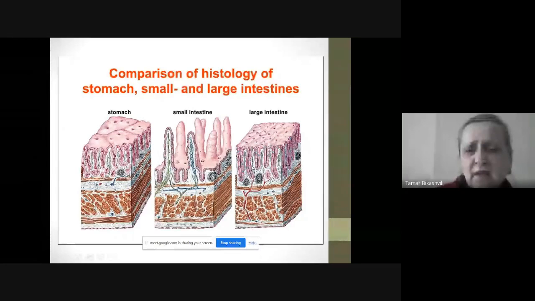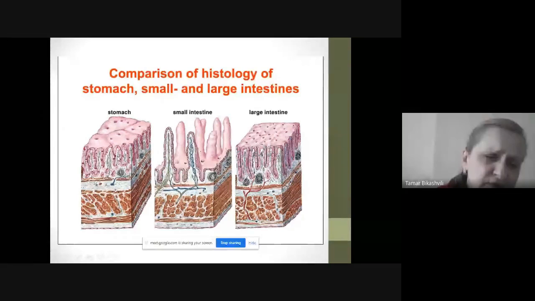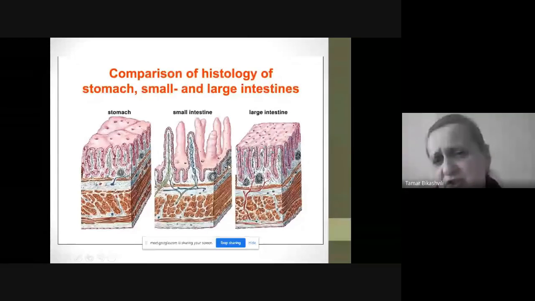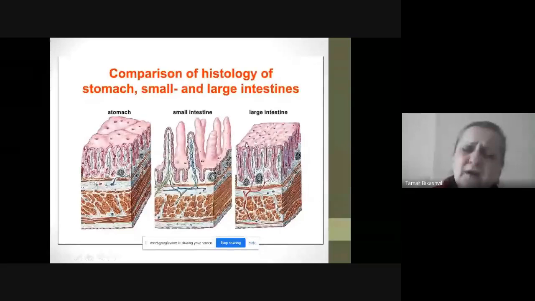The stomach with pits, the small intestine with plicae circulares, and the large intestine, where there are only invaginations of the epithelial lining, the mucosal glands.